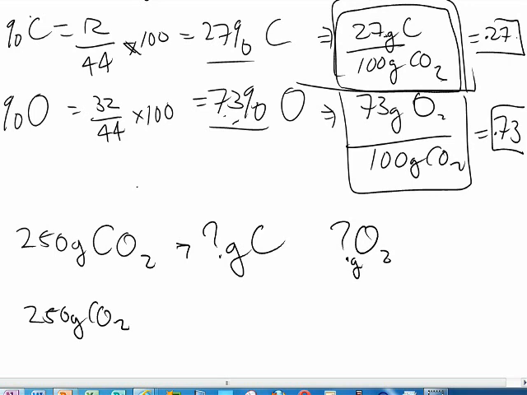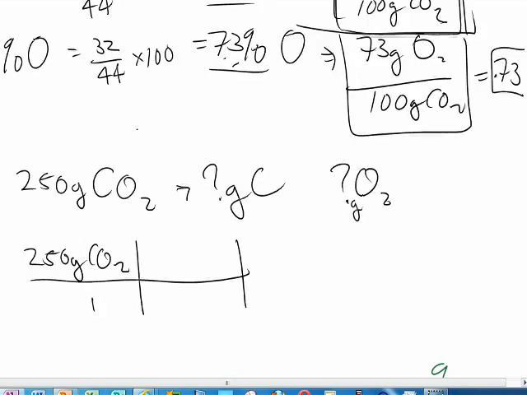We multiply it by the percentage. Now we can do this in a couple ways. We can do it as in the first example, where we have 27 grams of carbon per 100 grams of CO2, and that will give us our amount because the grams of CO2 cancel out.